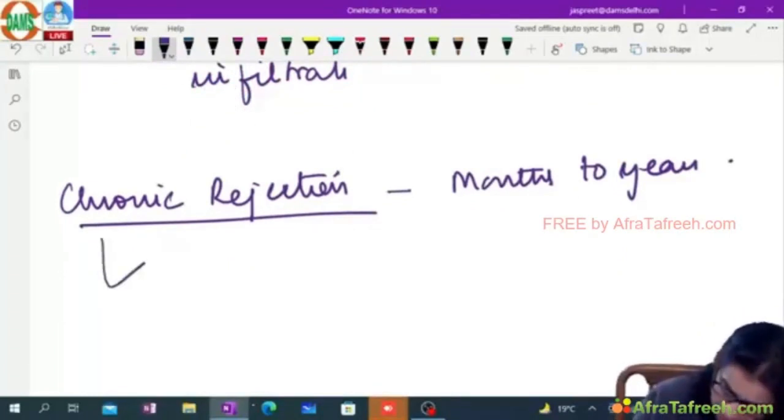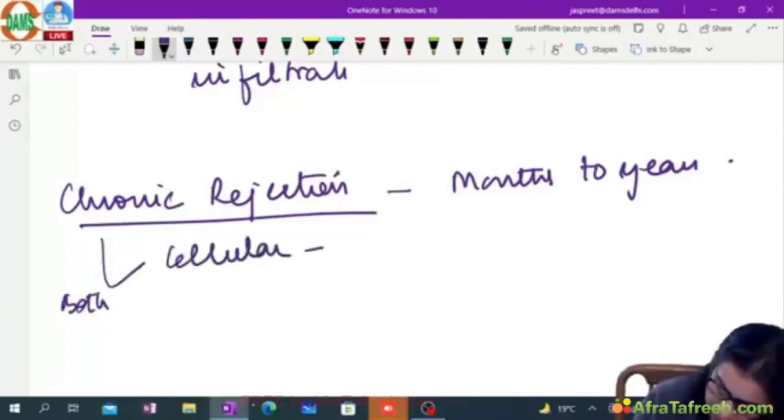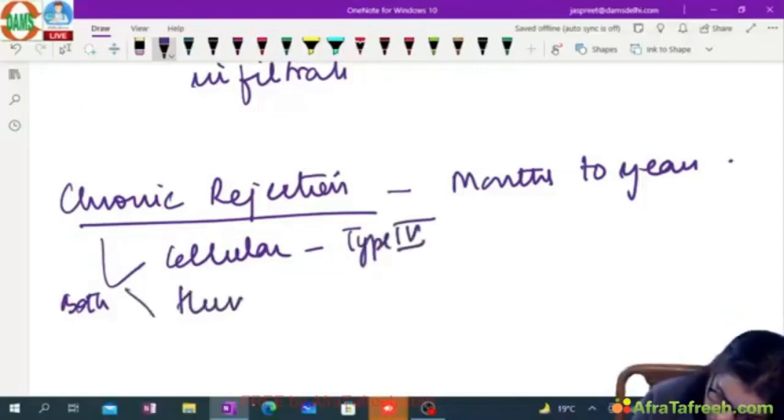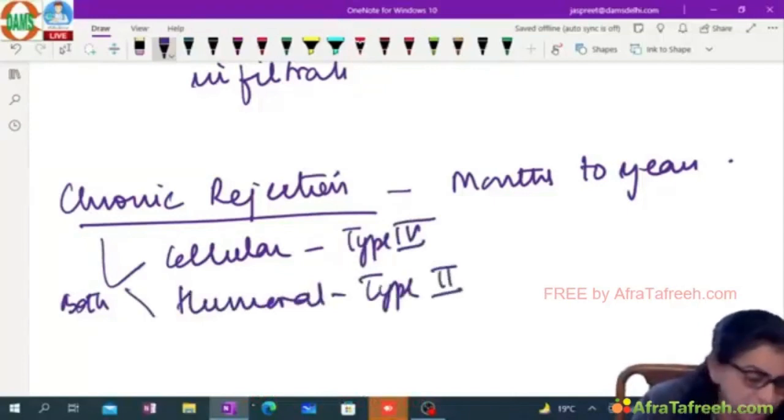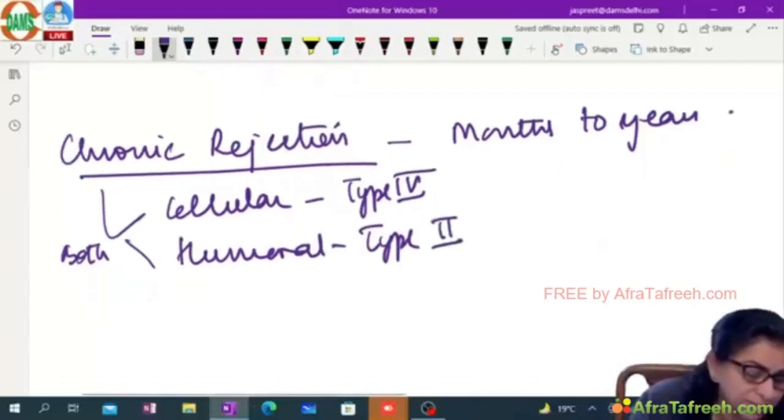It can be cellular, that is involving the T cells, a type 4 hypersensitivity reaction, or it can be humoral, that means type 2 hypersensitivity reaction.